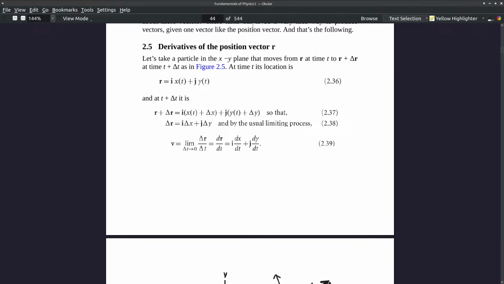Do that so that delta r equals i delta x plus j delta y. And by the usual limiting process, v equals the limit as delta t approaches 0. So you have delta r over delta t equals the derivative of r with respect to t equals i times the derivative of x with respect to t, plus j times the derivative of y with respect to t.